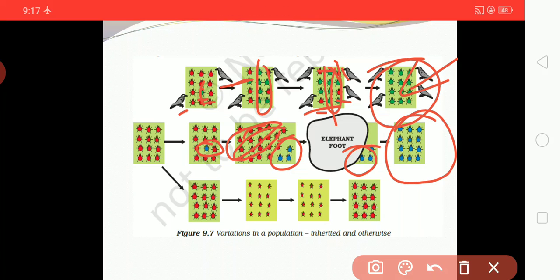Now the next situation is, as you can see, a beetle getting a certain disease, due to which this phenomenon is seen, and at last it recovers.